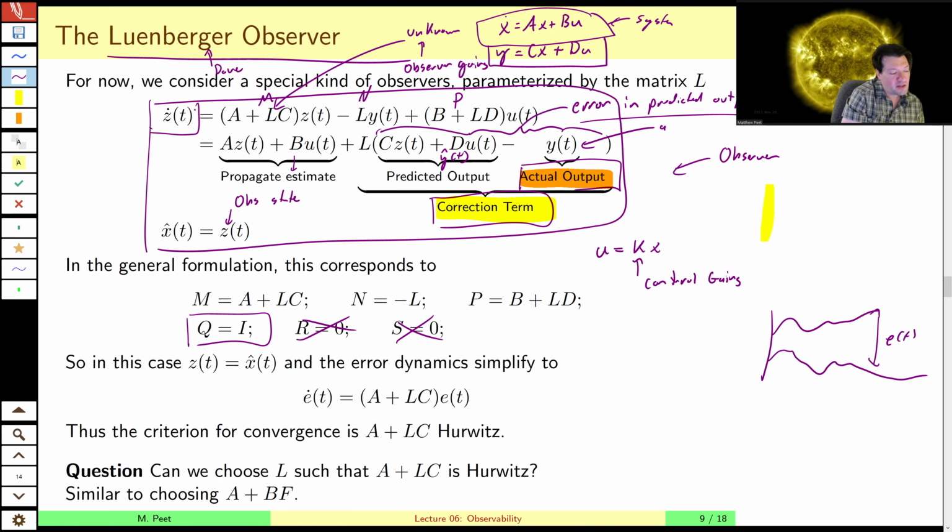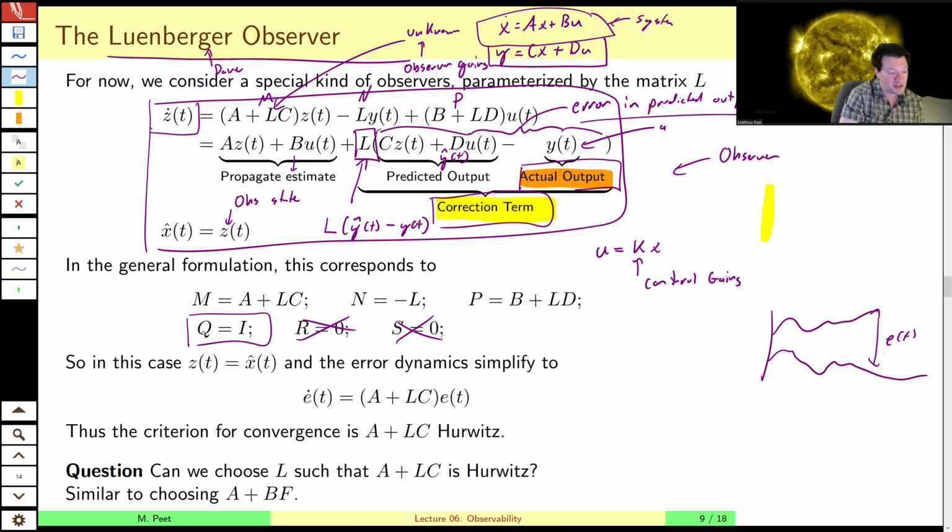And so how do we update our dynamics based on that? That's where the observer gain term comes in. So this is the observer gain times, if you like, y hat of t minus y of t.